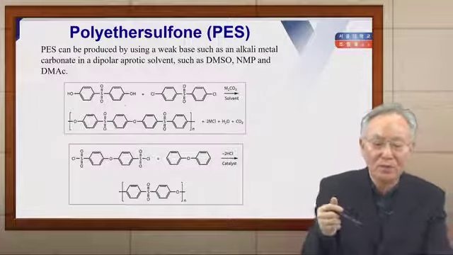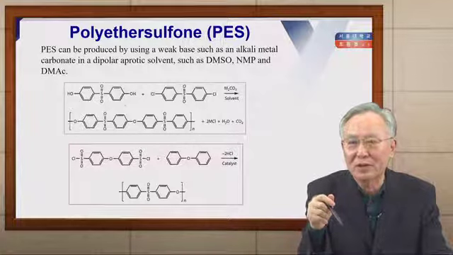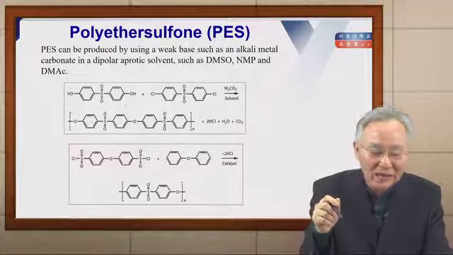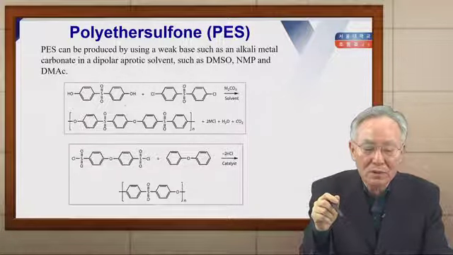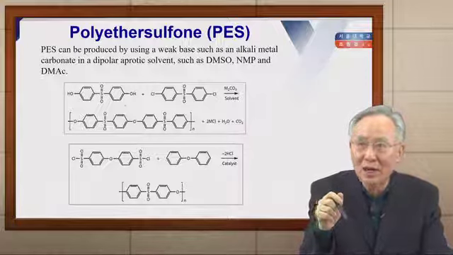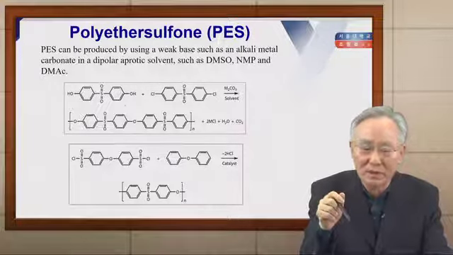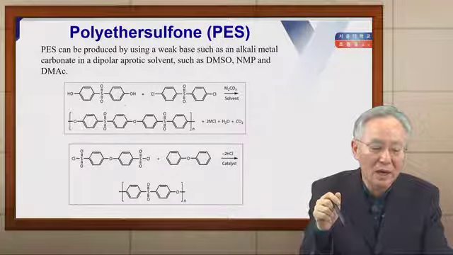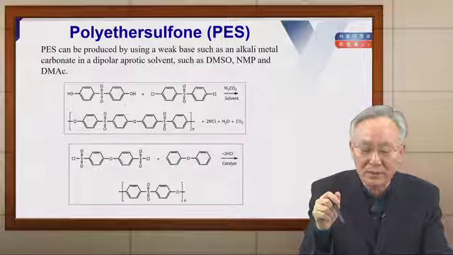Now let's move on to polyether sulfone. This is also a very important engineering plastic. PES, polyether sulfone, can be produced by using a weak base such as alkali metal carbonate as a catalyst in dipolar aprotic solvents such as dimethyl sulfoxide, N-methyl pyrrolidone, and dimethyl acetamide.